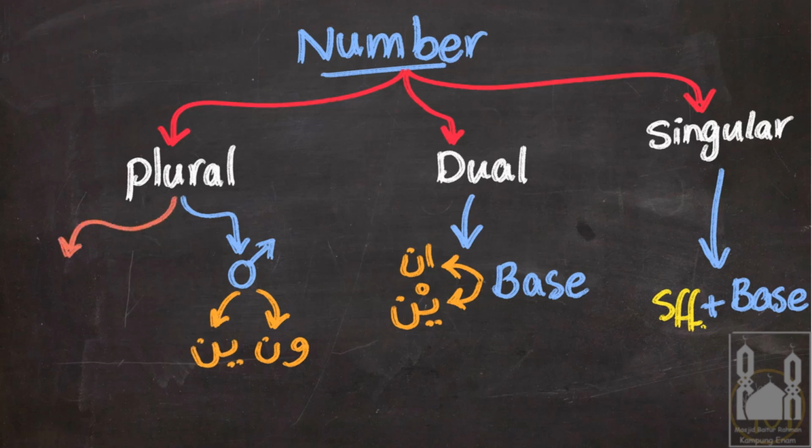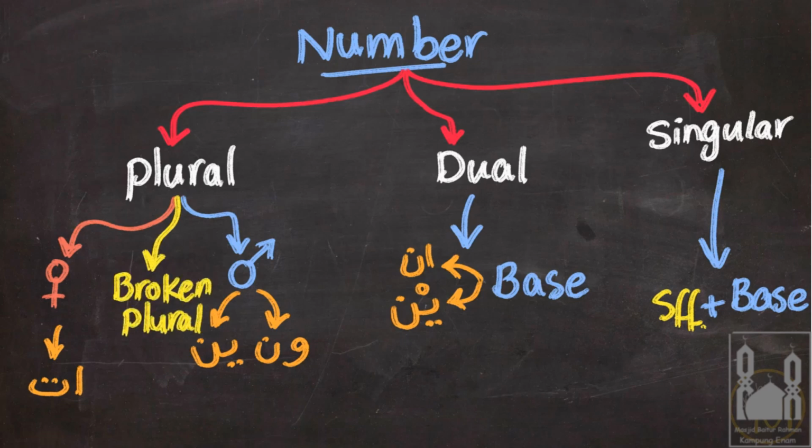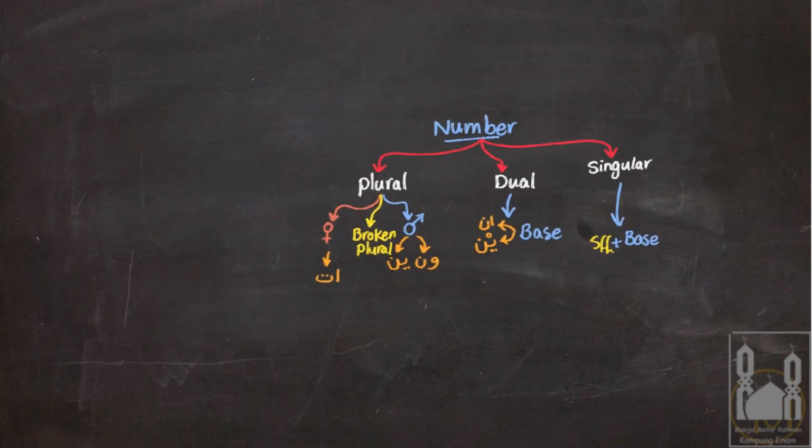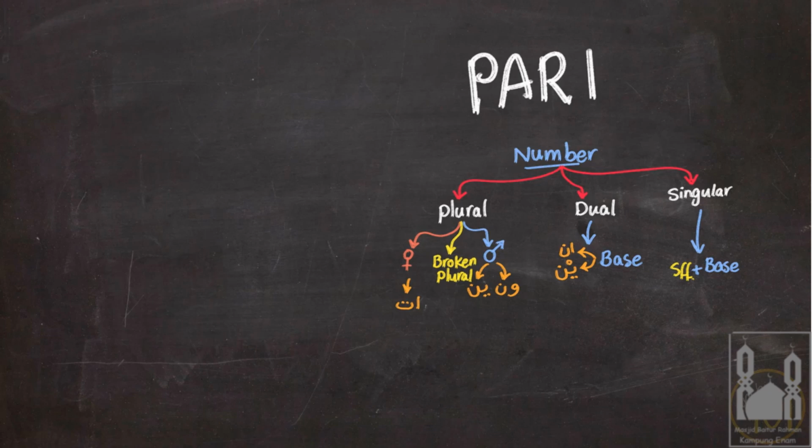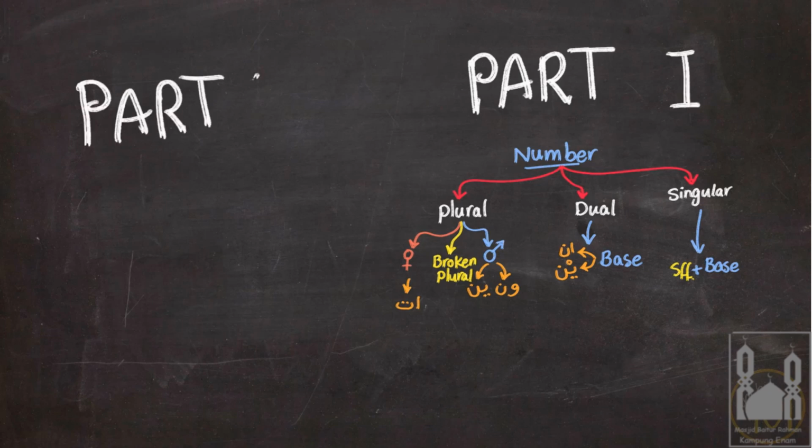And to make a plural form of a feminine noun, you will add alif and ta after removing the ta marbuta at the end of the word if there was one. There is also a third type of plural nouns which does not follow any rules, and you will have to learn it by heart.